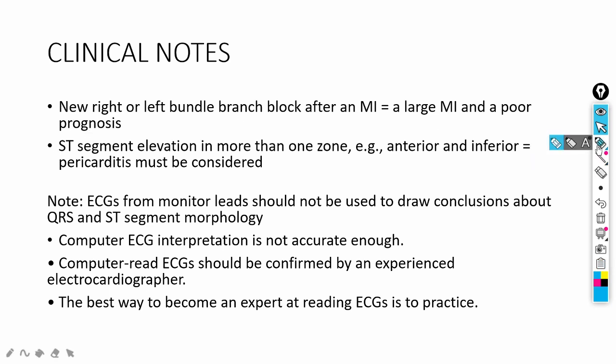A new right or left bundle branch block after an MI suggests that it is a very large MI and it has a very poor prognosis. ST segment elevation in more than one zone, for example inferior zone as well as anterior zone, without any reciprocal ST depressions, suggests pericarditis as the diagnosis, and it should be considered in these cases.